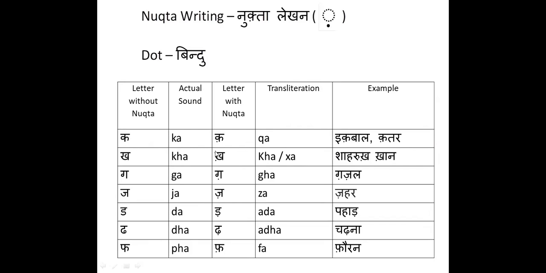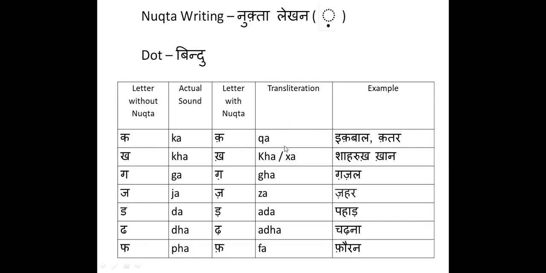But if you put Nukta, the one bindu, now you have to pronounce this Ka as Qa. K-A now becomes Q-A. There is a difference in the sound.